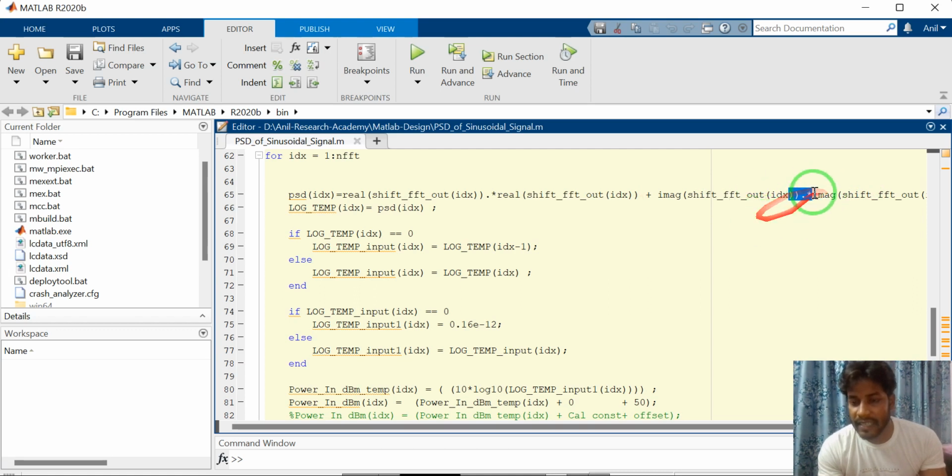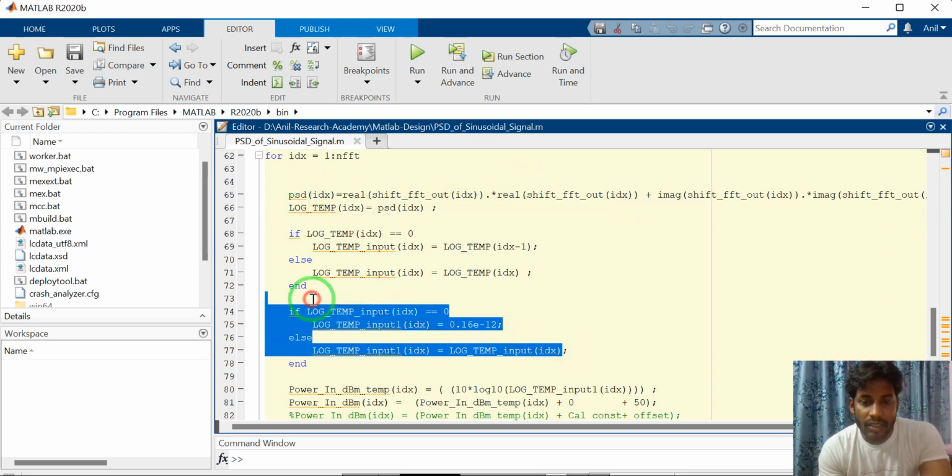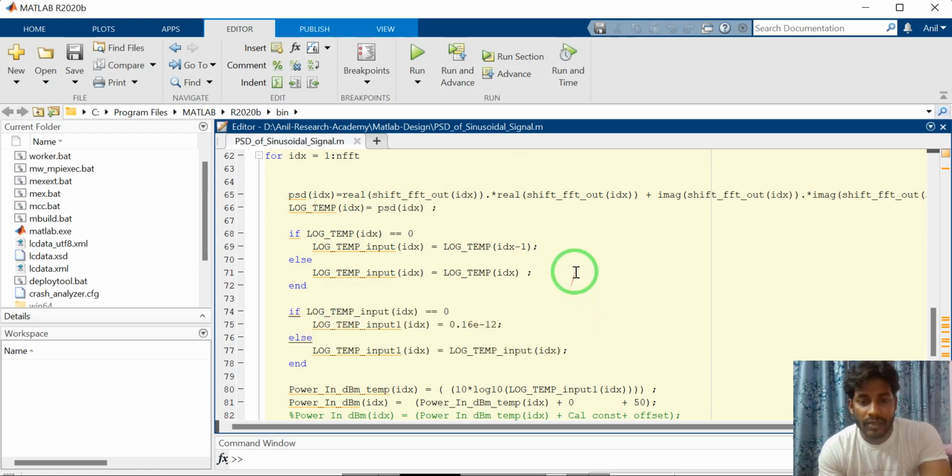It means imaginary square plus real square. This is nothing but power spectral density. Okay. So first section is to compute the power spectral density, and then next section does the logarithm of this power spectral density. It means convert linear data to log data.